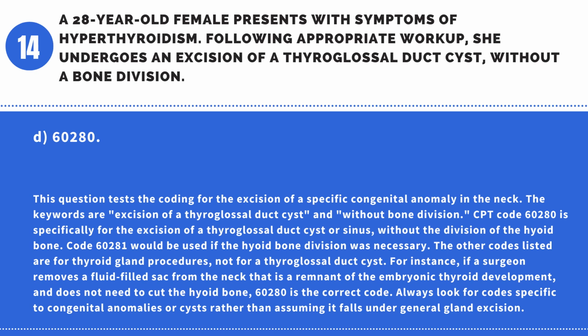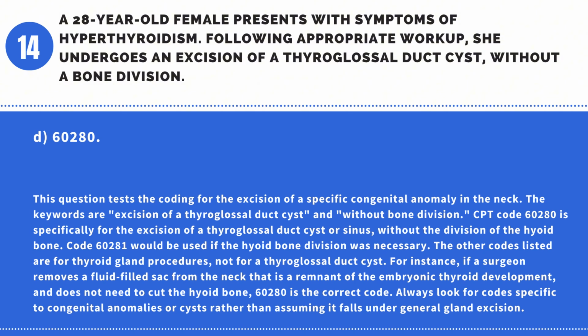60280. This question tests the coding for the excision of a specific congenital anomaly in the neck. The keywords are excision of a thyroglossal duct cyst and without bone division. CPT code 60280 is specifically for the excision of a thyroglossal duct cyst or sinus, without the division of the hyoid bone. Code 60281 would be used if the hyoid bone division was necessary.